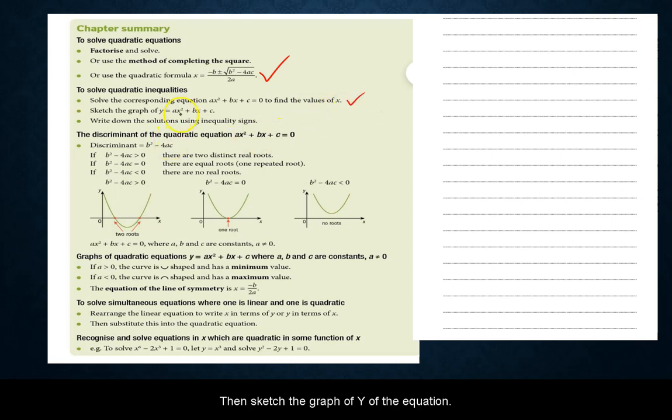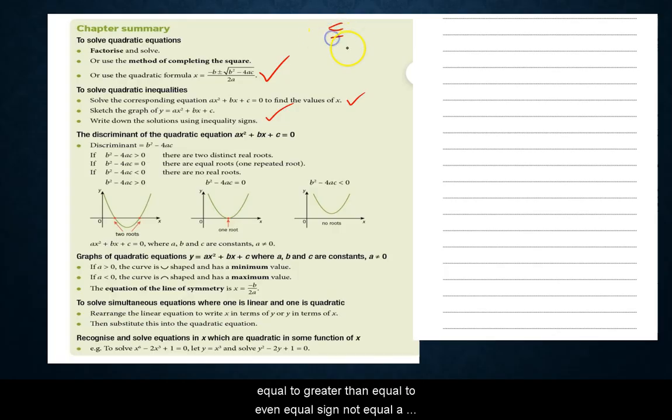Then sketch the graph of y, the polynomial ax squared plus bx plus c. Then write down the solution using inequality signs: less than, less than or equal to, greater than or equal to, not equal, is a member of, and all that. You should be able to know what they all mean.